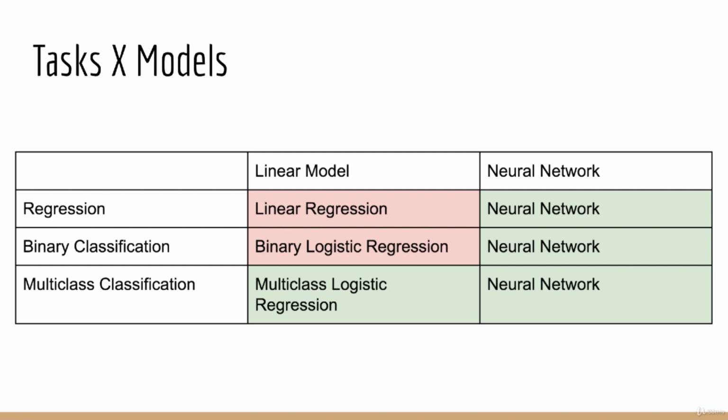The topics highlighted in red were covered in the prerequisites, while the topics highlighted in green are covered in this course. So as you can see, anything that has to do with neural networks is part of this course. But we also have one linear model which is part of this course, and that's multi-class logistic regression. What I want you to remember is that there's no mathematical reason for this choice.